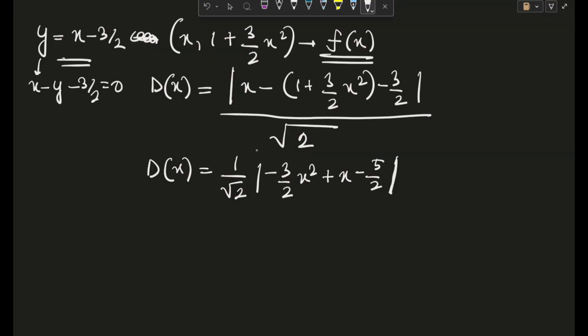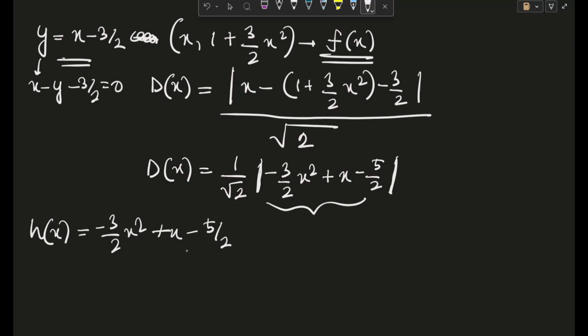Although we have a mod, let's not do anything with the sign in this expression, because whatever value comes, we will modify that accordingly. This is a quadratic, so let's take this to be h of x, which is equal to minus 3 by 2 x squared plus x minus 5 by 2. If you observe carefully, this is a quadratic expression with a shape like this.